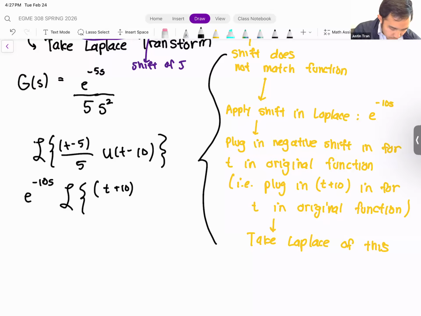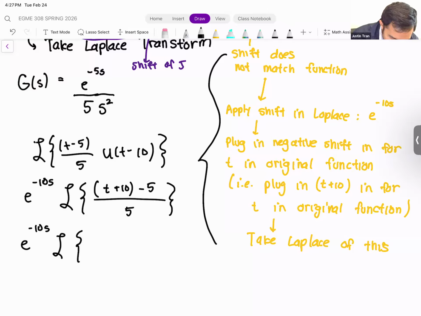We still have the minus 5, all divided by 5. Of course we can simplify this as e to the minus 10s, Laplace transform of, now we have t plus 5 over 5.